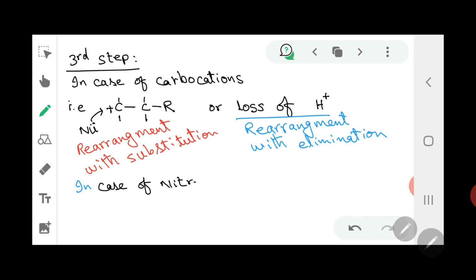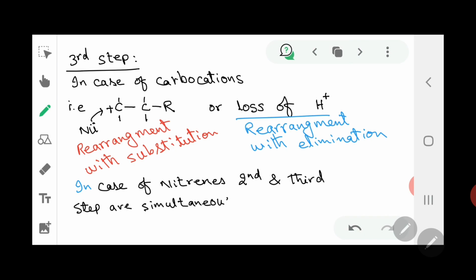In case of nitrenes, the second and third steps are simultaneous.